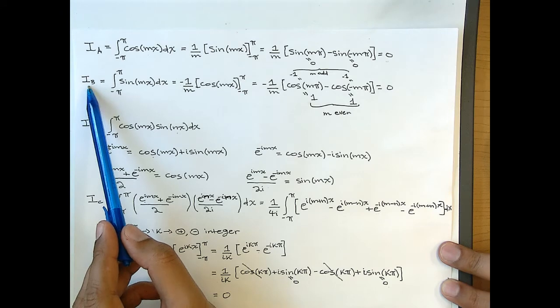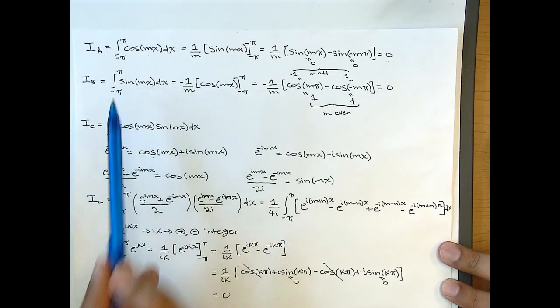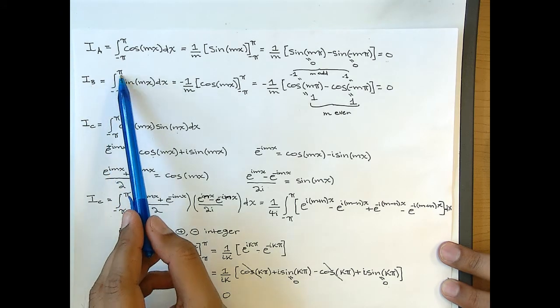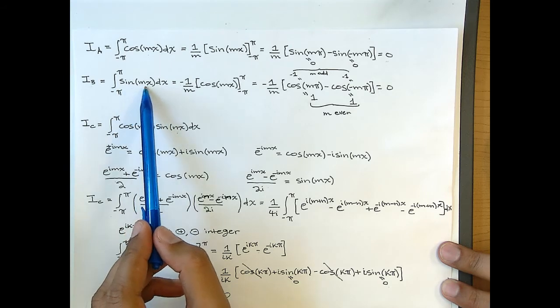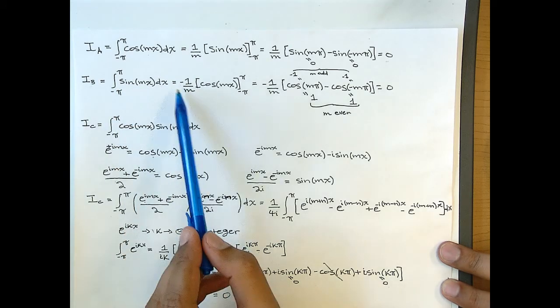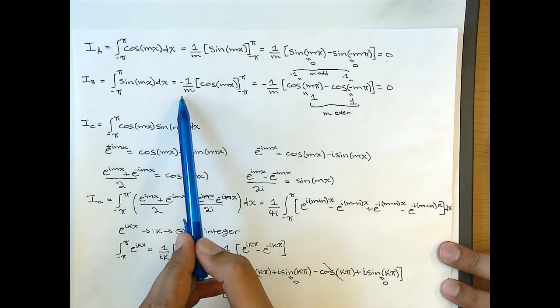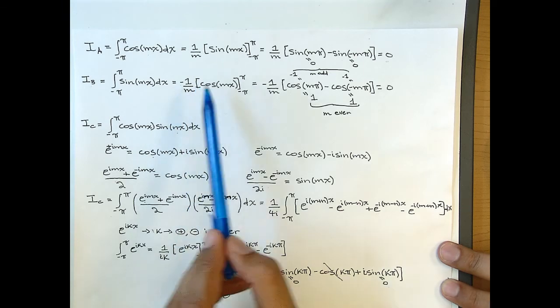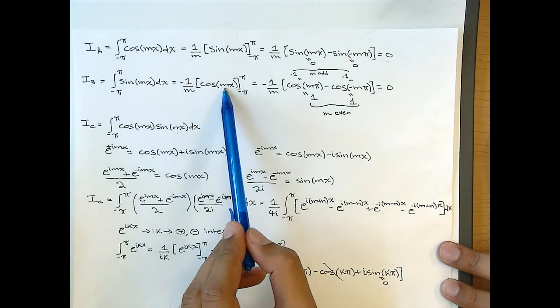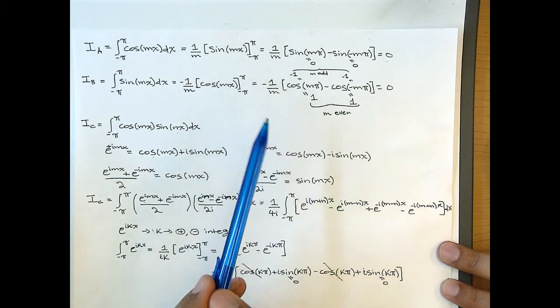Similarly, the second integral we can integrate directly, so that's the integral from negative pi to pi of sine of mx dx. Once again, if we integrate this directly, what we get is negative 1 over m, the cosine of mx integrated from negative pi to pi.